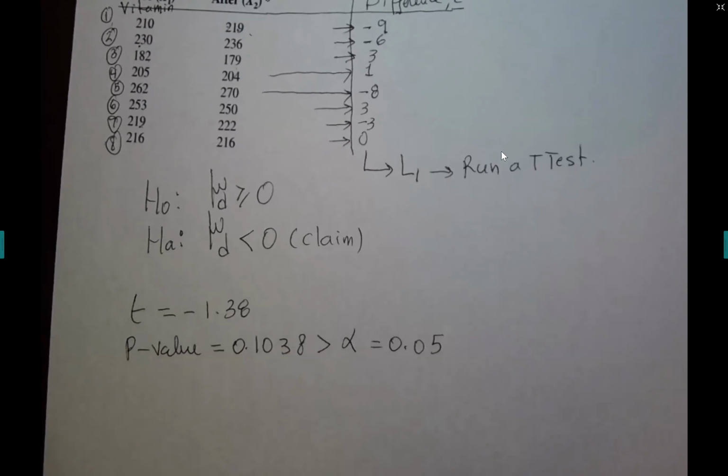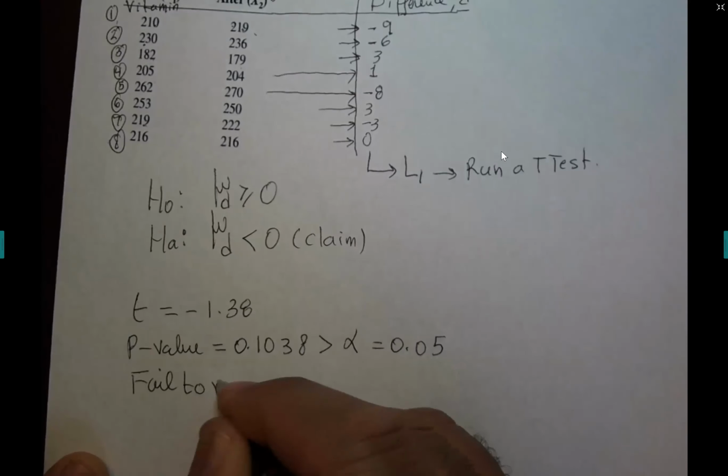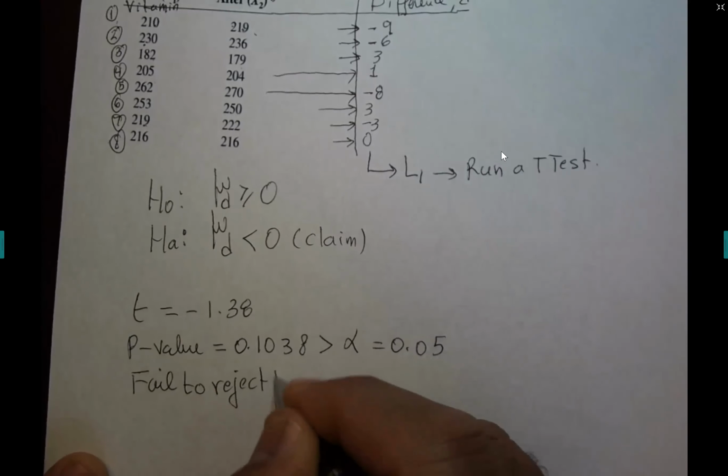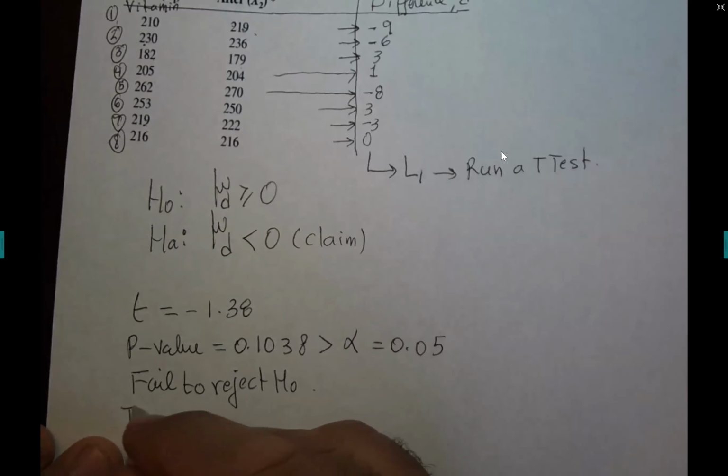And if it is more than alpha, guys, we fail to reject H0. And if you fail to reject H0 and the claim is in HA, you say, I cannot support the claim. You see, we ended up not supporting the claim.